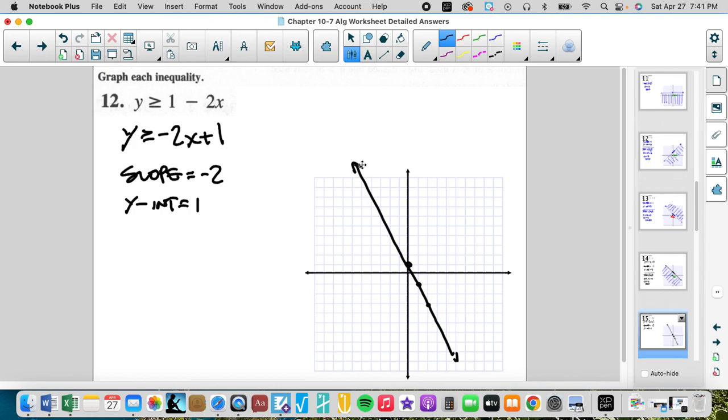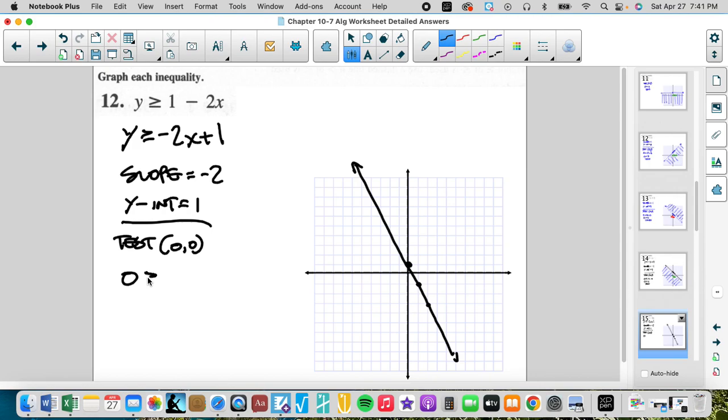Now that's kind of close, but I know that 0, 0, so I can still test 0, 0. 0, 0 is not on this line. It's below it. So I didn't draw the best shape, but we would never want to pick 0, 0 when it's on the line, or else we'll just get whatever the boundary is, true or false.